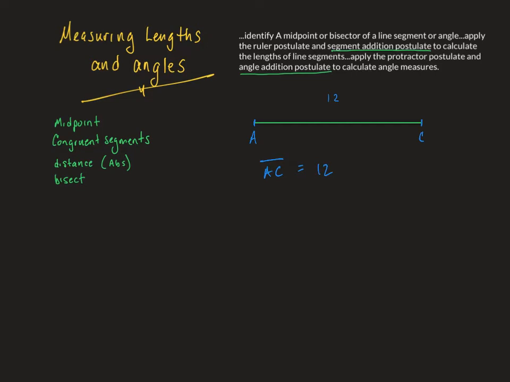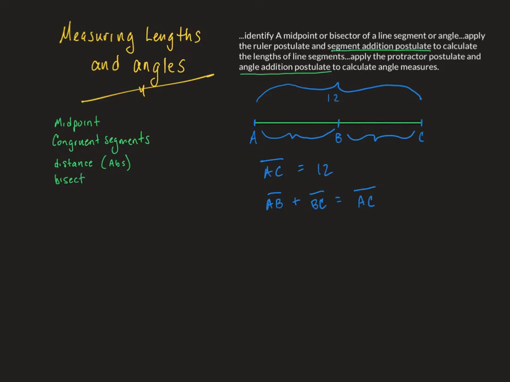Well, if I find out that this is point B, the segment addition postulate would tell me that segment AB, this portion, plus segment BC, which is this portion, is going to be equal to the overall length, which is going to be equal to segment AC.